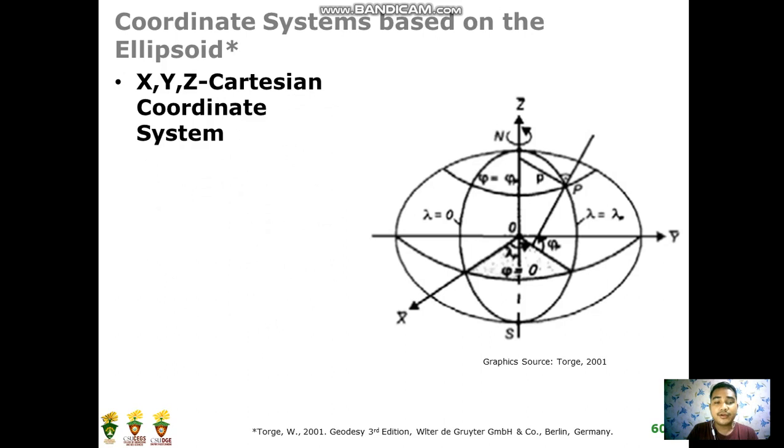So we have the coordinate systems based on the ellipsoid. First, we have the x, y, and z Cartesian coordinate system.